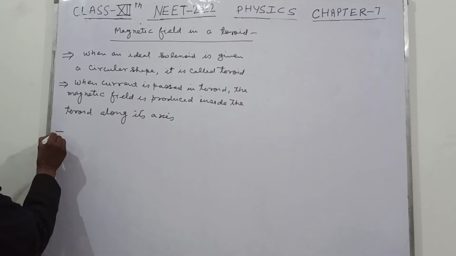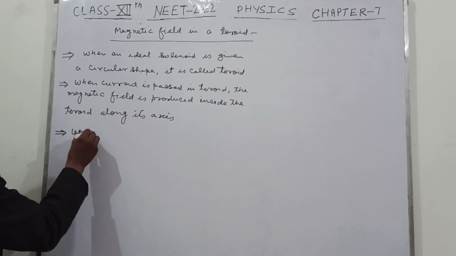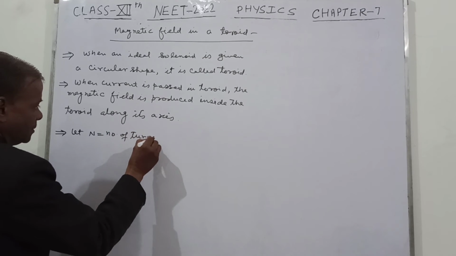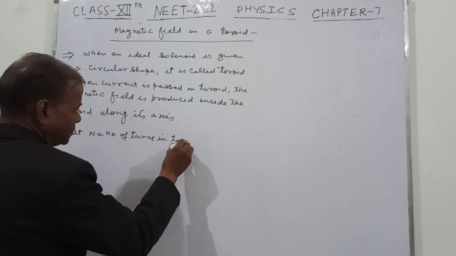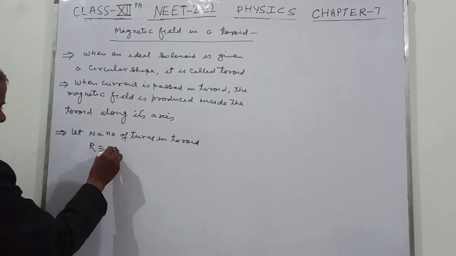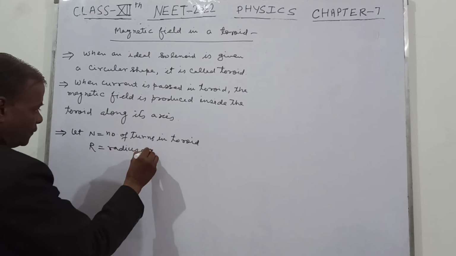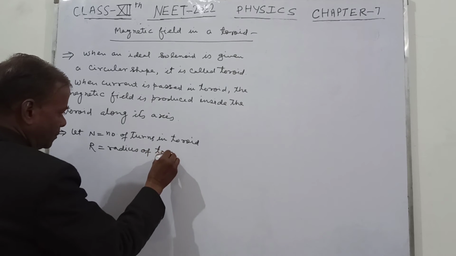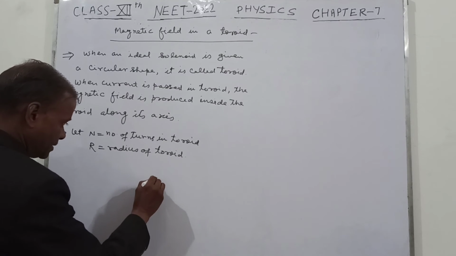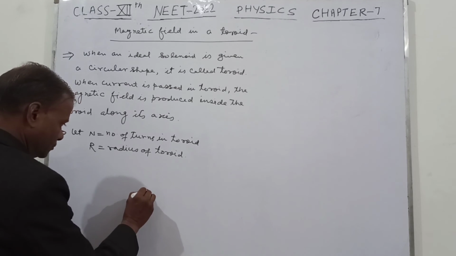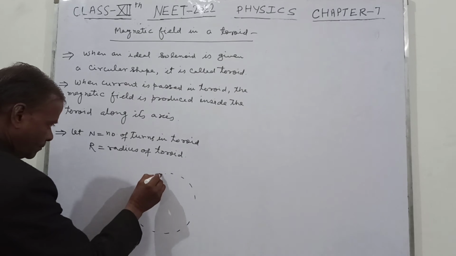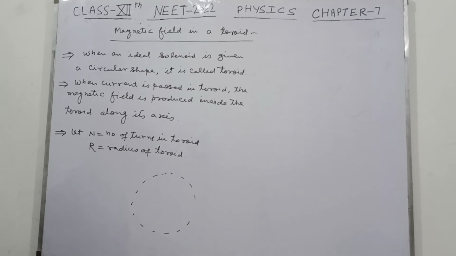So now let n equal the number of turns in the toroid and r the radius of the toroid. So I sketched this diagram in this form.